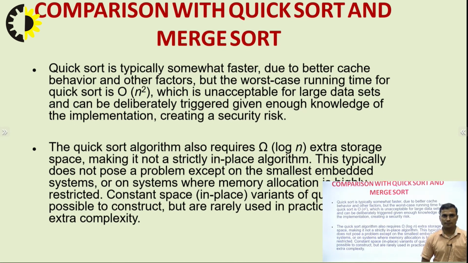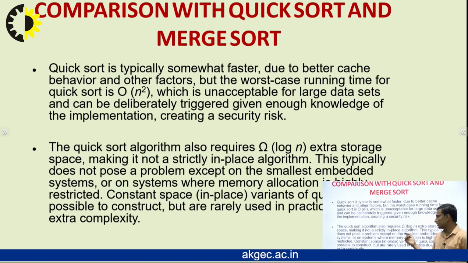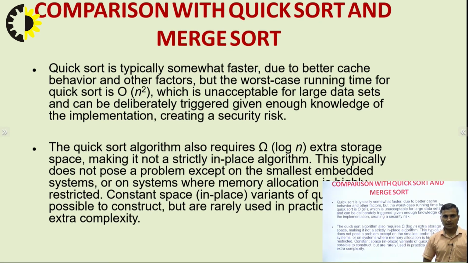And in quick sort there is an extra storage we are using, and that will take a log n amount of extra space. So the space complexity for quick sort is log n, but heap sort has space complexity of order of 1, as it is an in place sorting algorithm. So in that sense heap sort is better than quick sort.